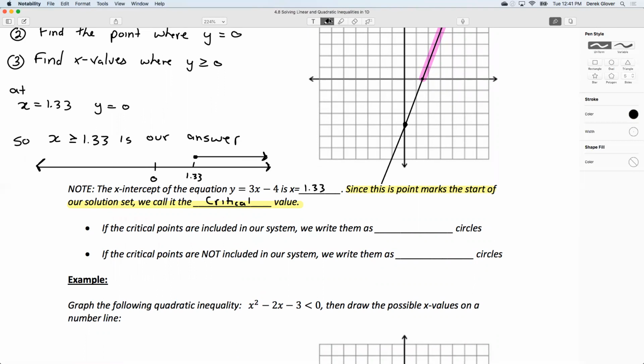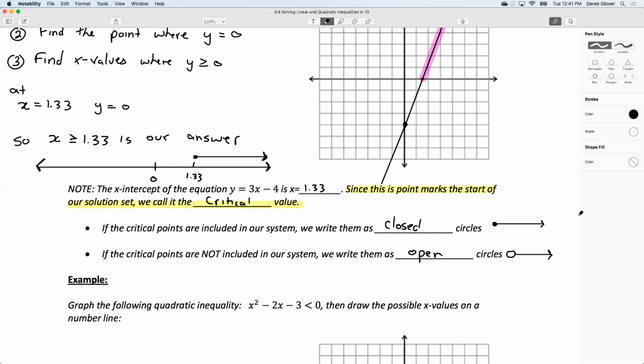We write them as closed points. If they're not included in our system, then we leave them as open points. So for example, what we just drew with a closed dot indicates that the solution includes 1.33. If we had drawn it with an open dot, that would indicate that we don't have 1.33 in our solution set.